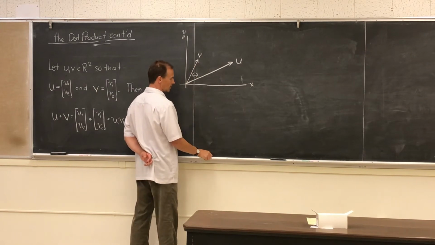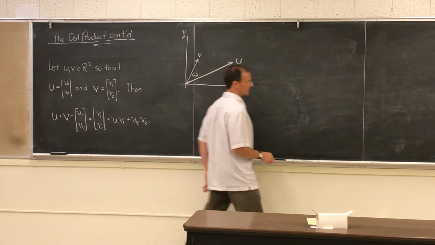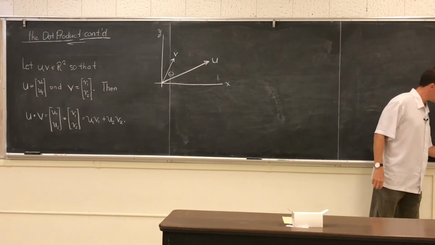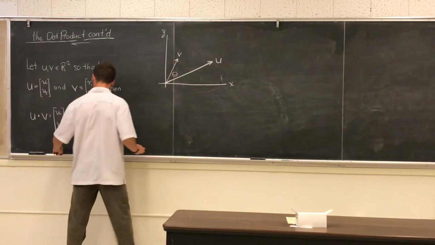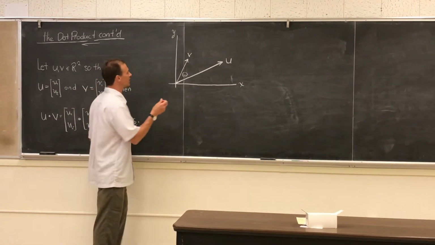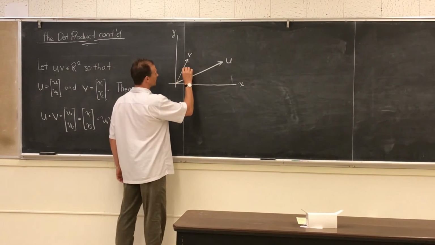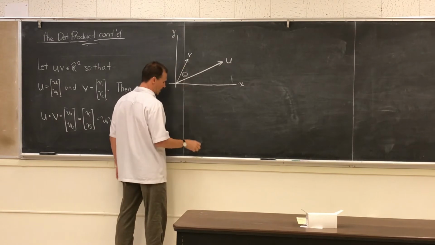Let's grab another color, the salmon color. If I look at the salmon color, this is theta.